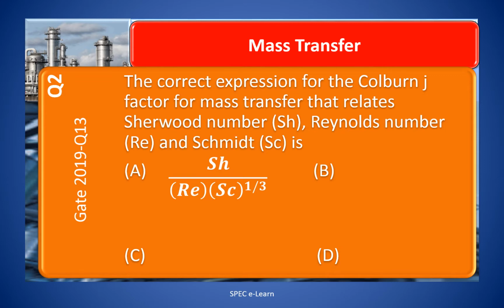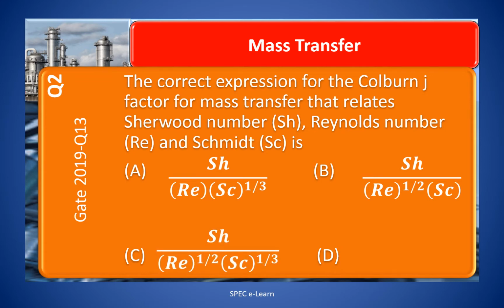Option B, Sherwood number divided by Reynolds number to the power 1 by 2 multiplied by Schmidt number. Option C, Sherwood number divided by Reynolds number to the power 1 by 2 multiplied by Schmidt number to the power 1 by 3. Option D, Sherwood number divided by Reynolds number multiplied by Schmidt number.